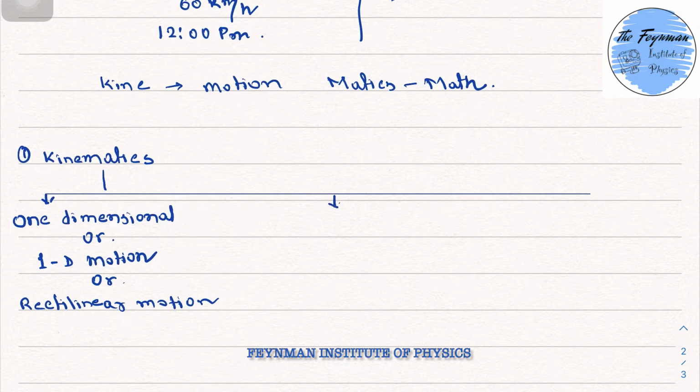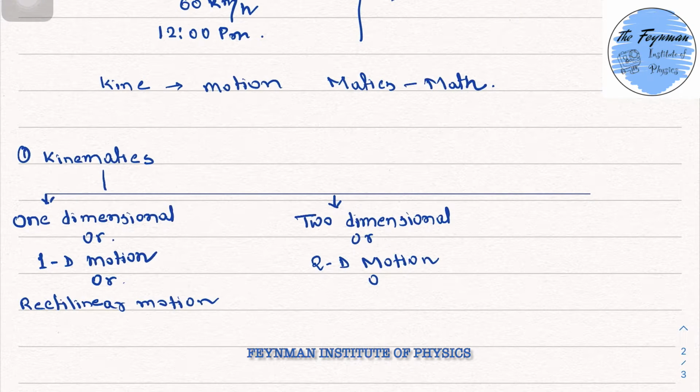The second chapter will be two-dimensional motion or 2D motion or motion in space.